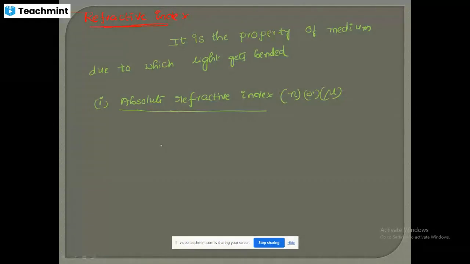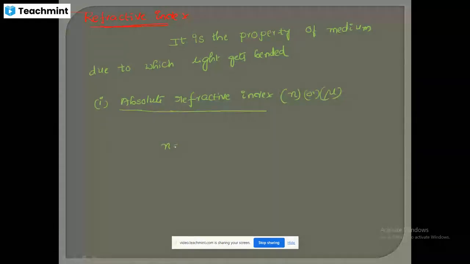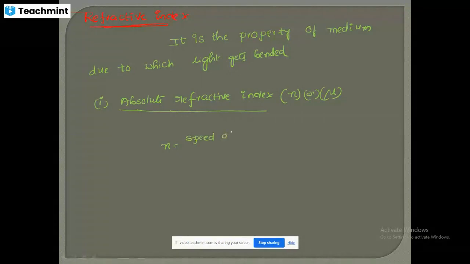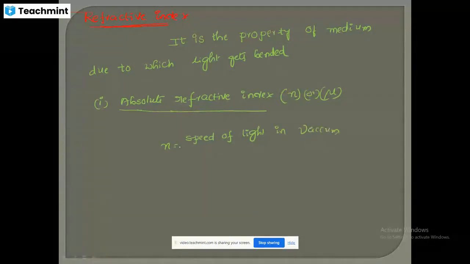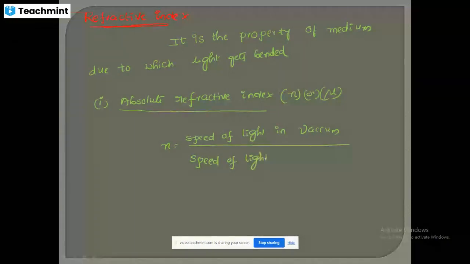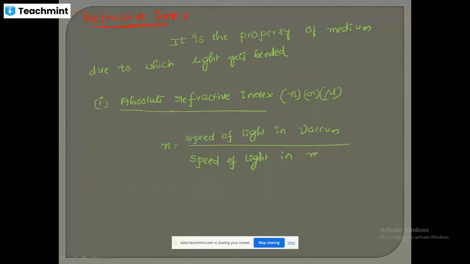The absolute refractive index is equal to the speed of light in vacuum divided by the speed of light in the medium.